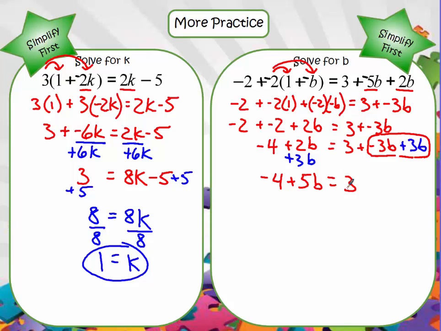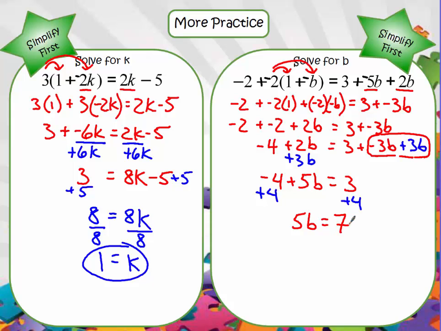So since I moved the variables to the left, I should move all of the constants, all of the numbers without variables, over to the other side. So to do that, I'm going to use the additive inverse once again. To move this negative 4, I need to add 4 to both sides. Add 4, add 4. That tells me I have 5b equals 3 plus 4 is 7.